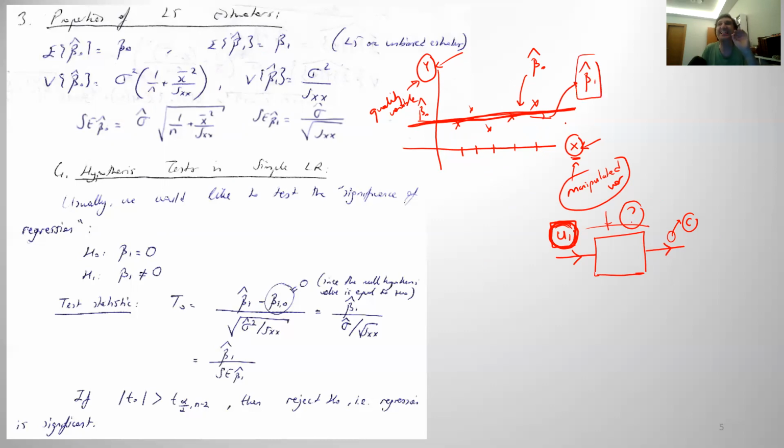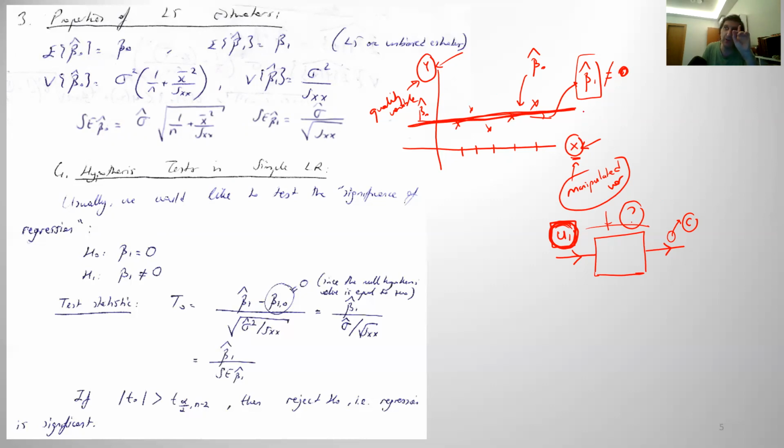Beta 1 hat is never going to be exactly equal to 0. Why? Because beta 1 hat is a real number, and from a theoretical perspective, if you take infinite significant figures, from whichever sample you measured, the beta 1 hat value computed using least squares analysis is always going to be non-zero.